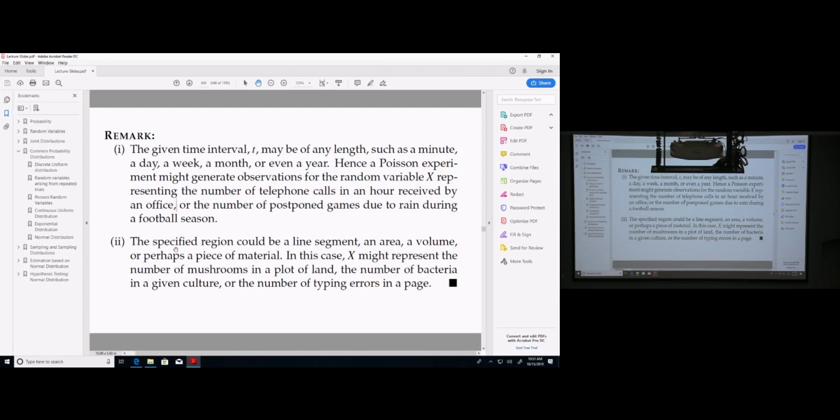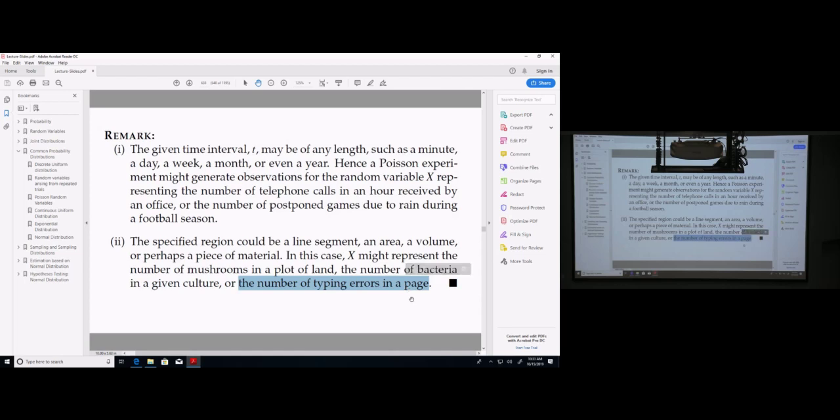This kind of modeling is also very similar to the Poisson case, but we are not looking at a line, we are looking at a region. This region can be in dimension 2 or in any other dimension, even dimension 10. So it really depends on the modeling. Now, one of the examples is the number of typing errors on a page.